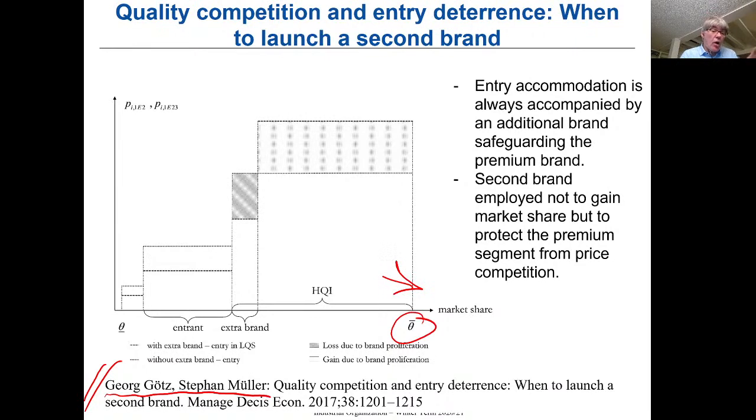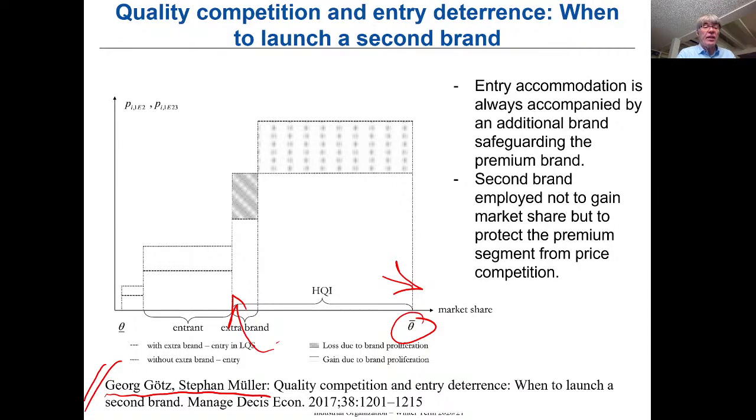So what we had in mind was, for instance, Lufthansa. How should Lufthansa deal with the entry of Ryanair and all these no-frills, low-cost airlines? The point is, what this model shows is that it's a good idea to also introduce an extra brand, a medium quality brand.